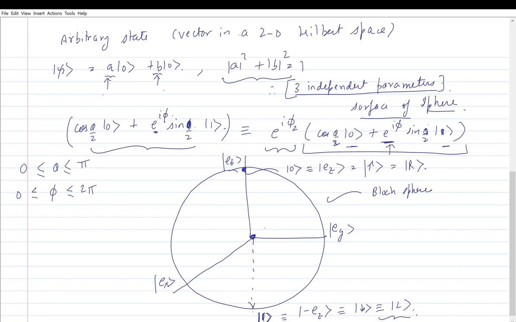In general, any state on the surface of the sphere, as we have already seen, is going to be cosine theta by 2 |0> plus e to the power of i phi sine theta by 2 |1>.